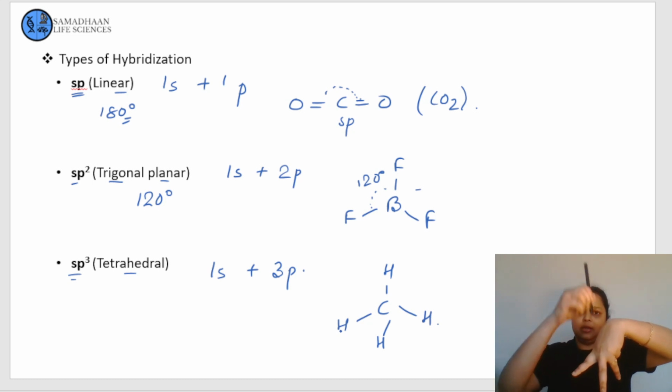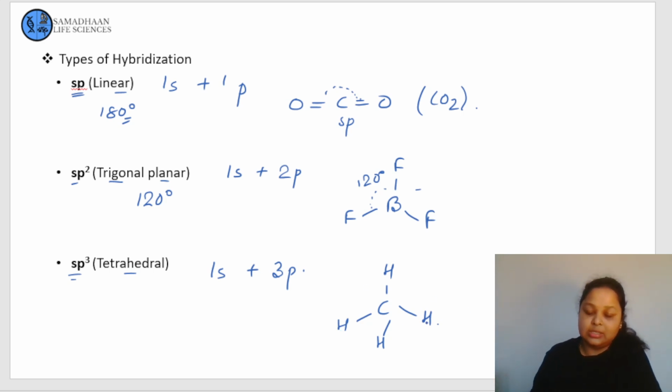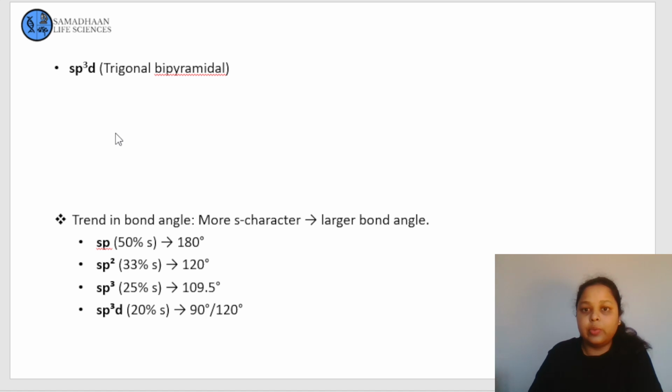This hydrogen, this carbon, this hydrogen, all three are in the same plane, and then one hydrogen is towards you, one is towards me. So that is our tetrahedral geometry with a bond angle of 109.5 degrees.